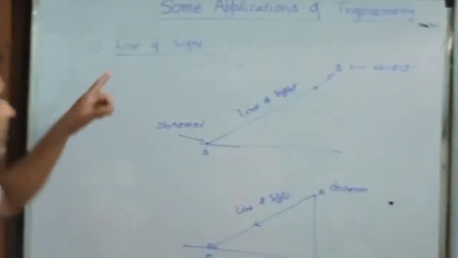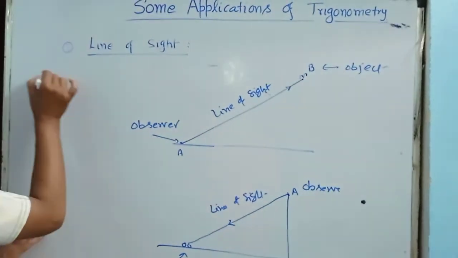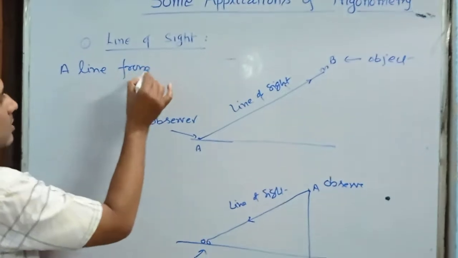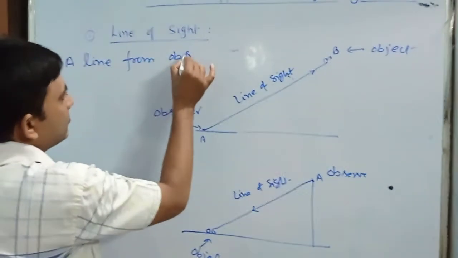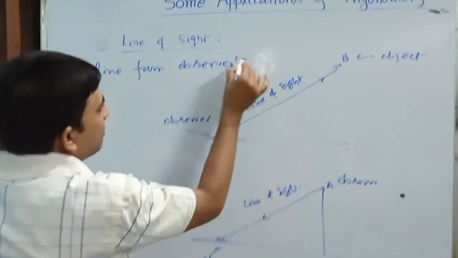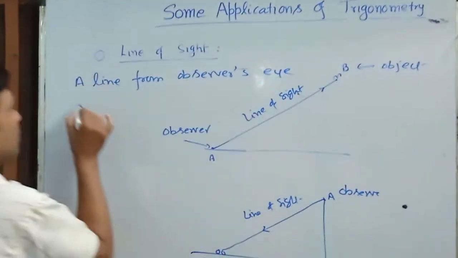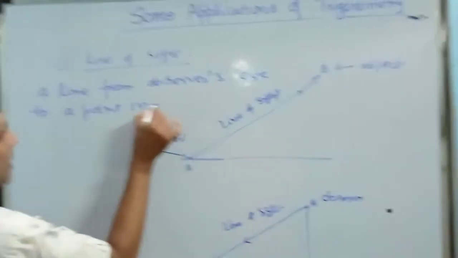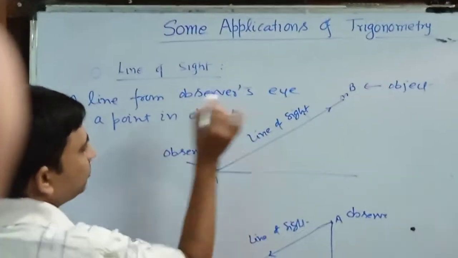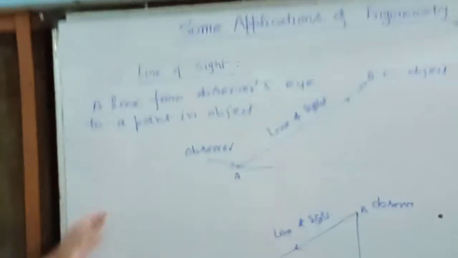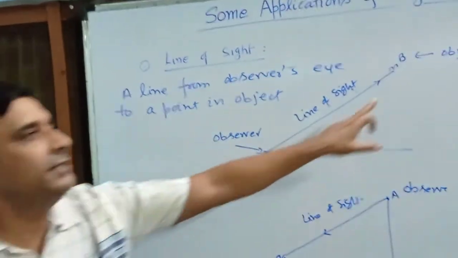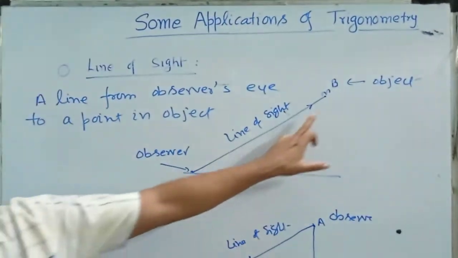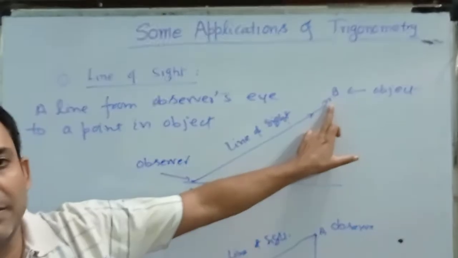So the definition of line of sight is, it is a line from observer's eye to a point in object. What does it mean? When the object is a point, then it is a line from observer's eyes to object.